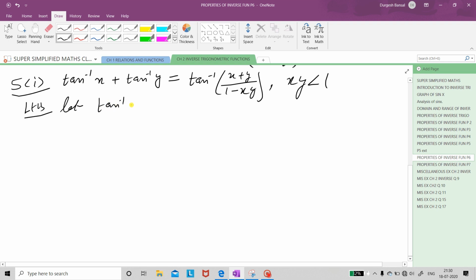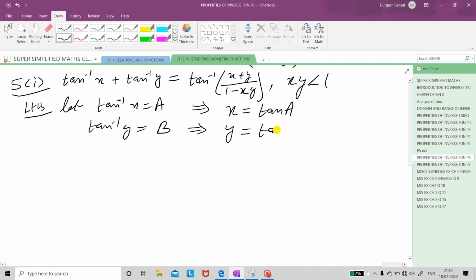Let tan inverse x be a and tan inverse y be b. Now tan inverse x is a implies that x is equal to tan a, and tan inverse y equal to b implies that y is equal to tan b. Now the left hand side becomes a plus b.